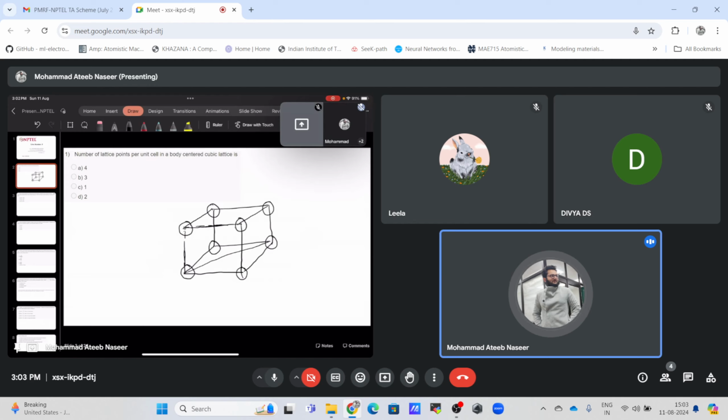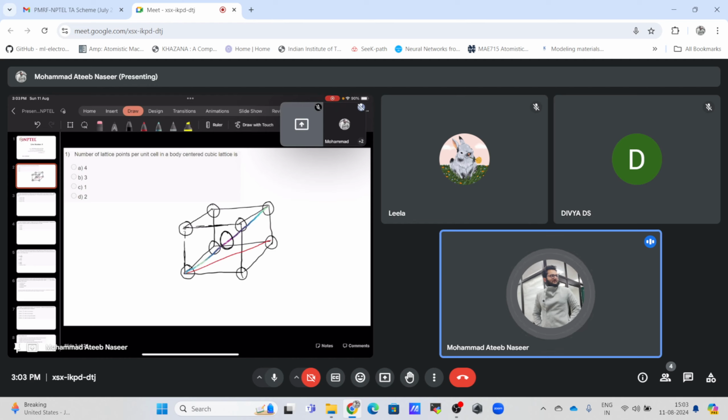If this is the face diagonal, then this is the body diagonal, and another atom will be located over here, just in the middle of this unit cell.